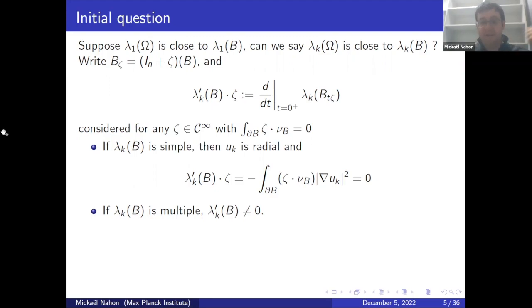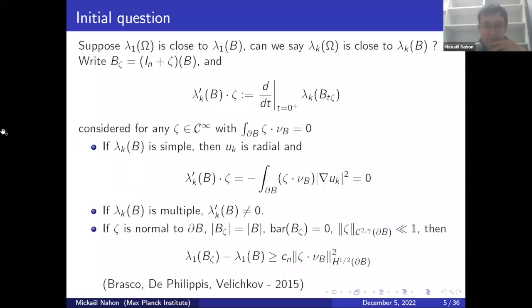You can't find vector fields that change the differential. And now, to be a little finer with lambda 1, we can say that if you remove any vector field that is not interesting, meaning vector fields that just do rotation of the ball or translation, meaning that you suppose that the barycenter or some other normalization of your ball is fixed in the middle and your vector field is normal, so you have no rotation, then lambda 1 is not only a critical point, it's also a non-degenerate critical point in the sense that you have a coercivity.